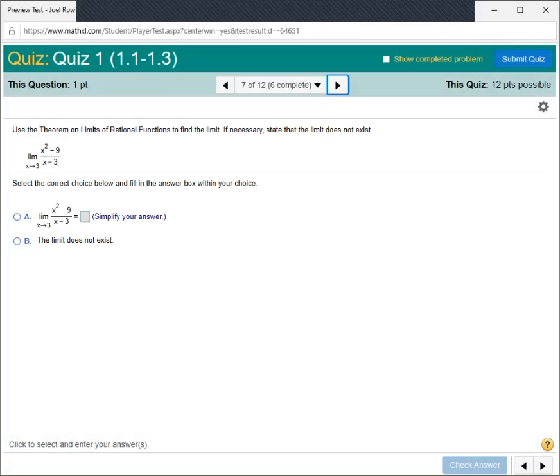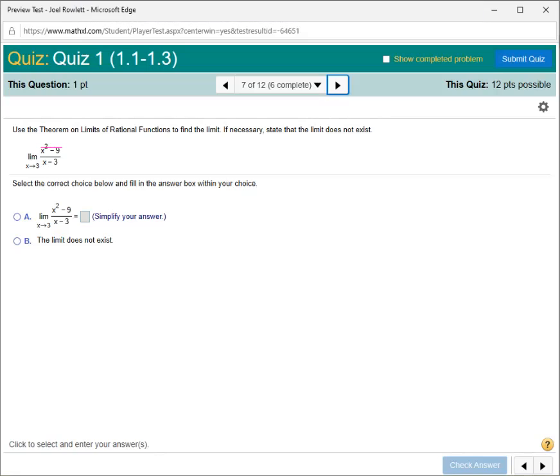And I noticed that x squared minus 9 is a difference of squares. And I can actually rewrite x squared minus 9 as x plus 3 times x minus 3. And I think in one of my earlier videos, I actually encouraged you to go back and review how to factor a difference of squares.